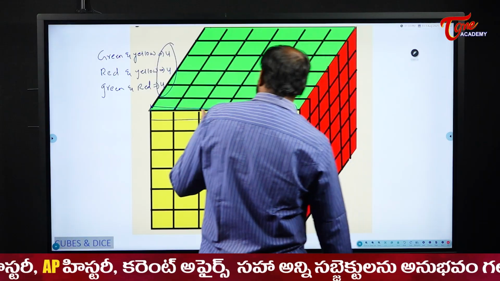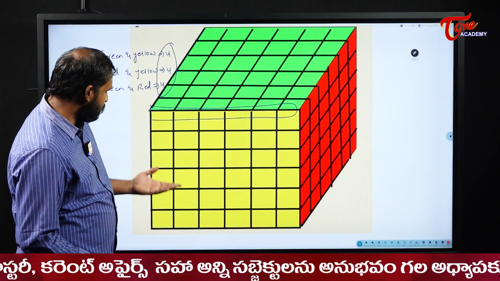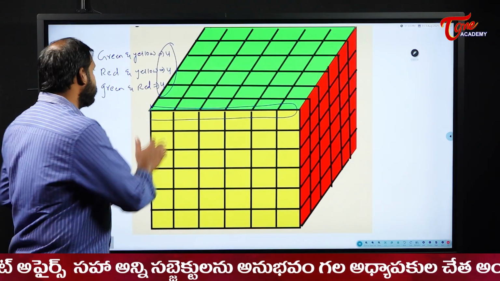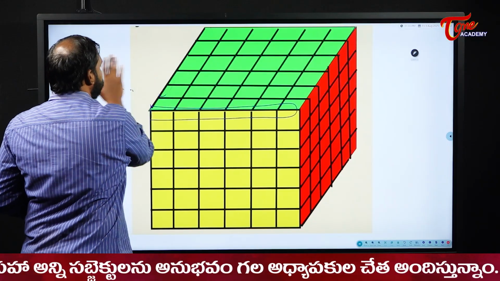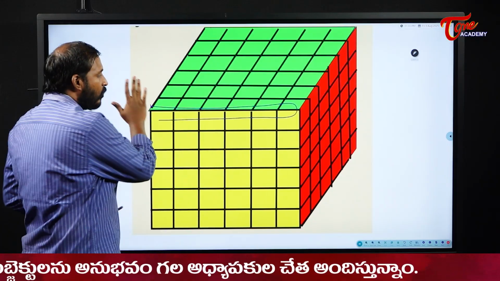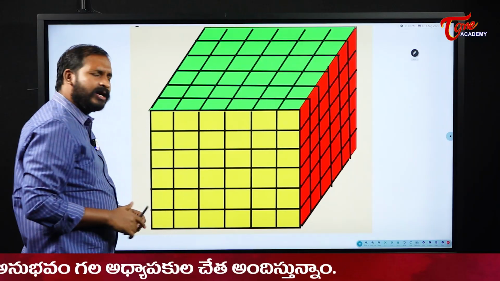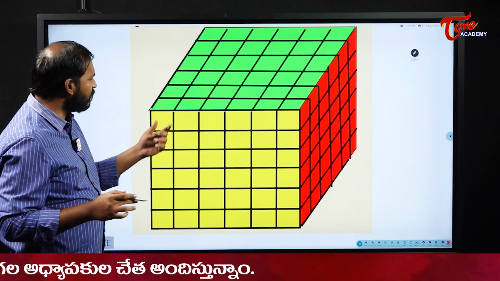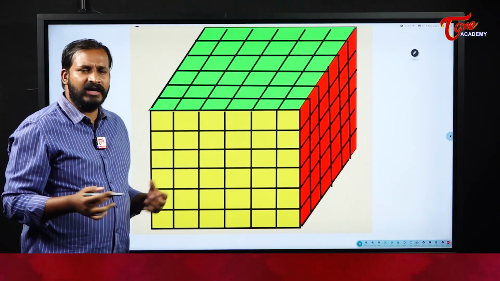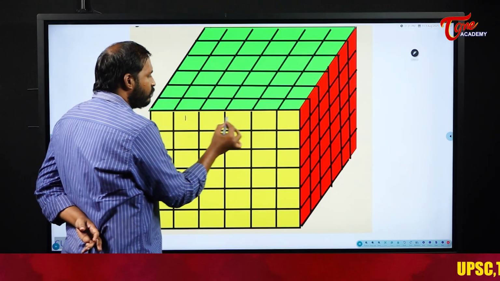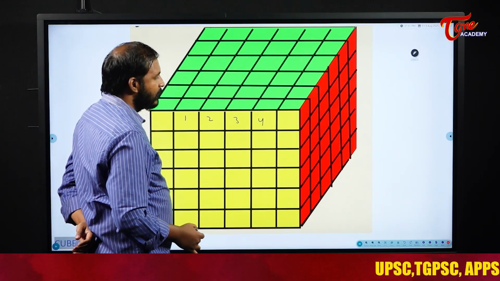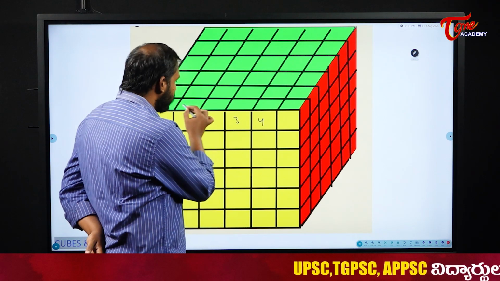Okay. Now that is the reason. See, this is 6 by 6. Yes, this is 6 by 6. This is 6 by 6. How many edges I have here? If you keep on counting, it will waste a lot of time, and usually that is not advisable. 1, 2, 3, 4. Right? So like this I have 4 on one edge.